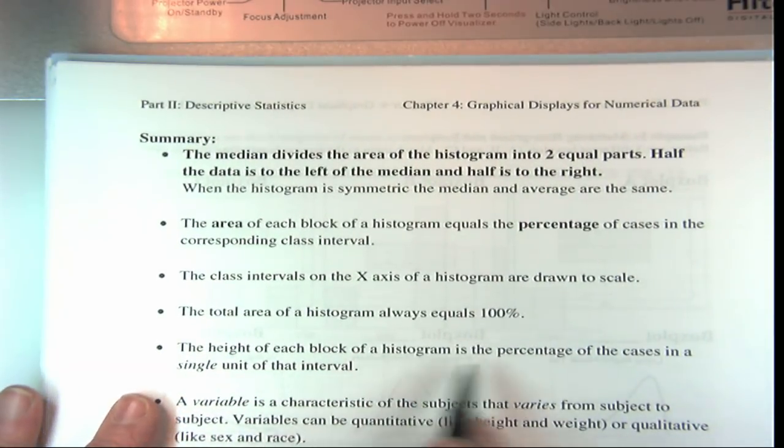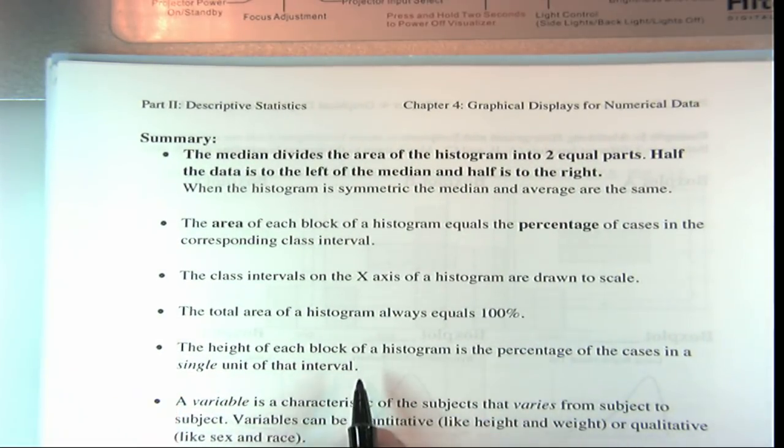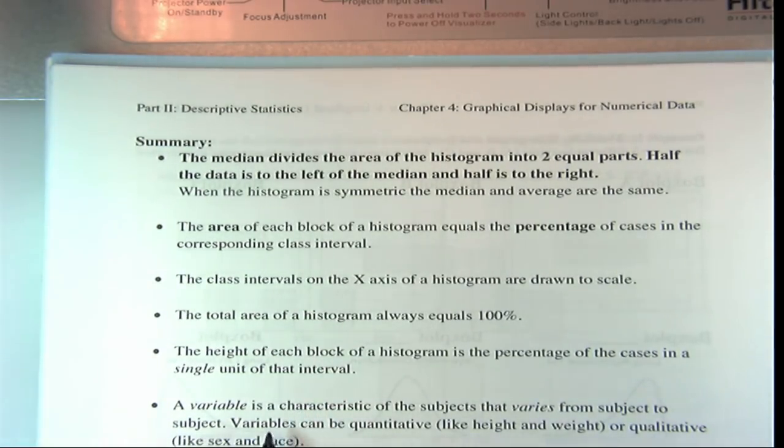The height of each block of a histogram is the percentage of the cases in a single unit of that interval. That's typically how it's done, although it's arbitrary. You can assign any value to that height. It's redundant because you already have the area once you draw the histogram, and you already have the intervals. Okay, so a variable varies from subject to subject.